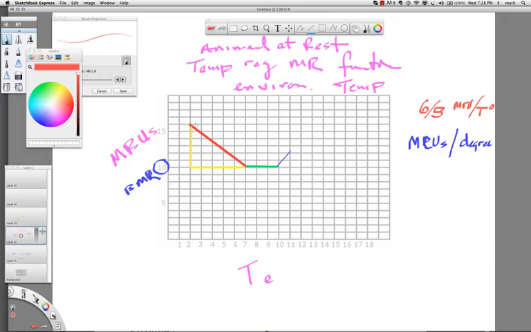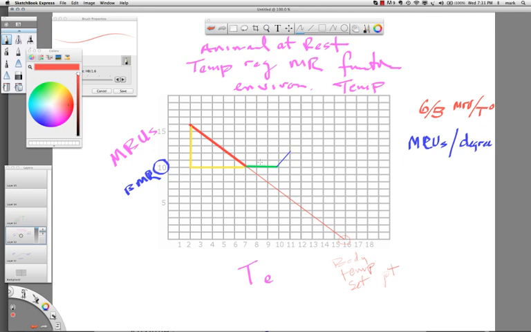So what I'm saying is if I take this line and I extrapolate it down to the x-axis, I'm going to find what the animal's body temperature set point is. This, 16 I guess, is the body temperature set point.